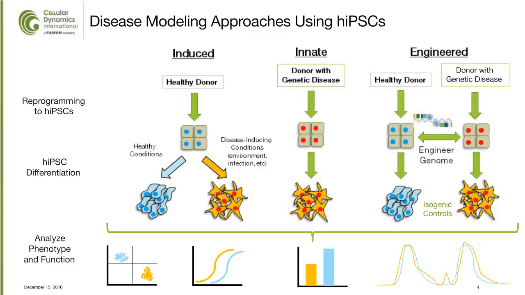In the innate example, the blood is taken from a patient with HCM that is reprogrammed to iPS cells. Those cells are then differentiated to cardiomyocytes and studied in the lab. For the innate example, I'll go into some of the functional characterization of the mutation. And for the induced example, I'll give a high-level snapshot of the capabilities and the utility of this line.